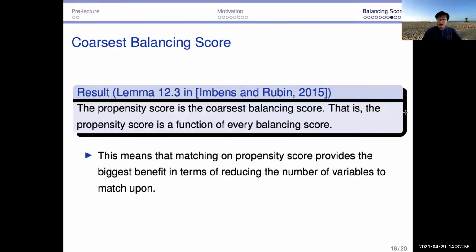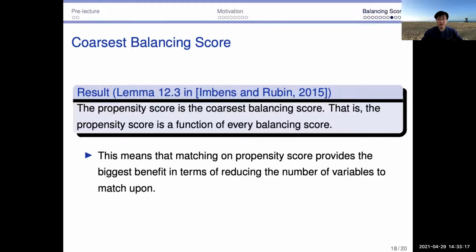All right, so one additional result that we're not going to prove, but I just want to bring it up to you since it's quite interesting, is saying that the propensity score is the coarsest balancing score. Mathematically, it means that the propensity score is a function of every balancing score.